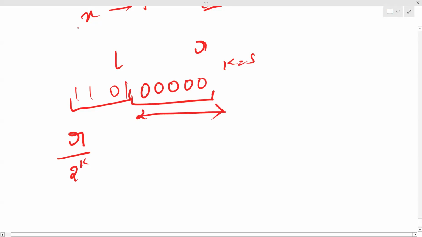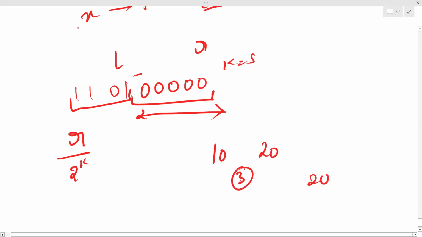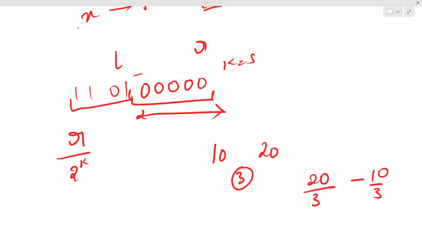This is similar to, if I have to find, okay, between 10 to 20, how many multiples of 3 are there? So what will you do? You will do something like 20 divided by 3 minus 10 divided by 3, right? So that is what we are doing here. We are doing R divided by 2 to the power k, and then we remove L divided by 2 to the power k.